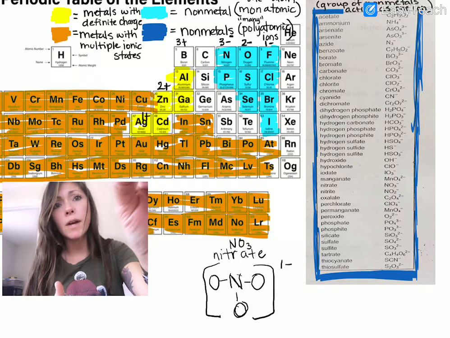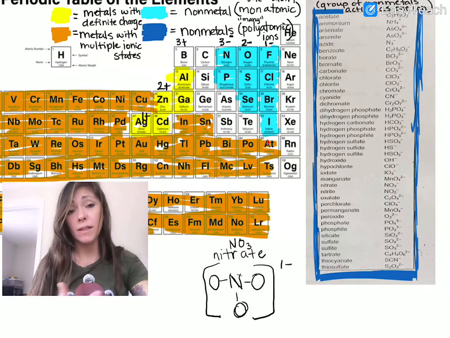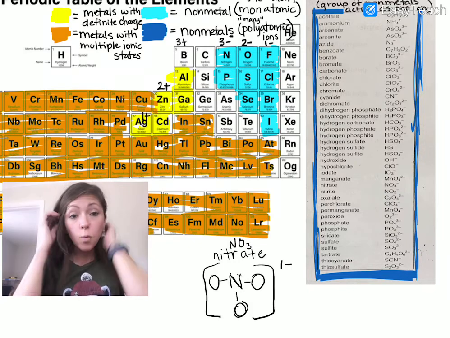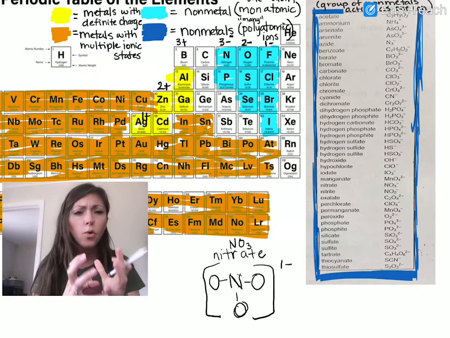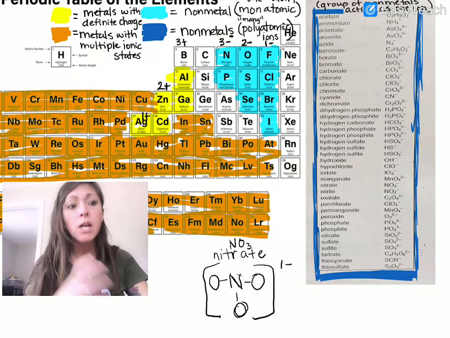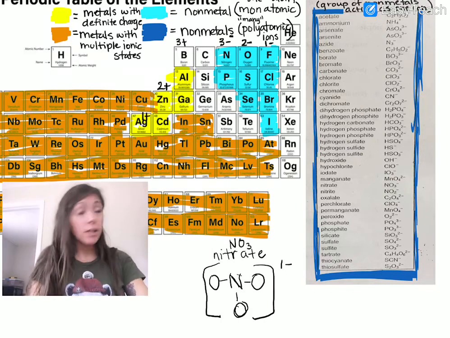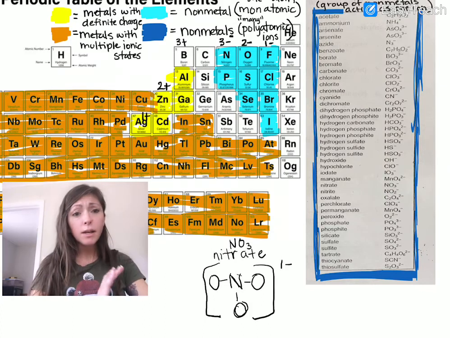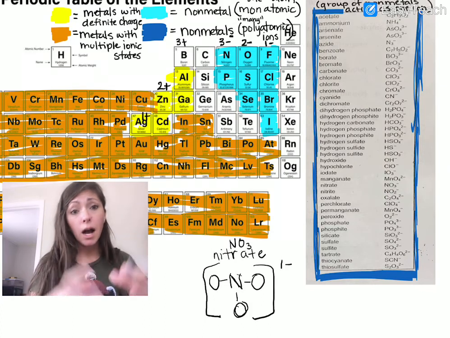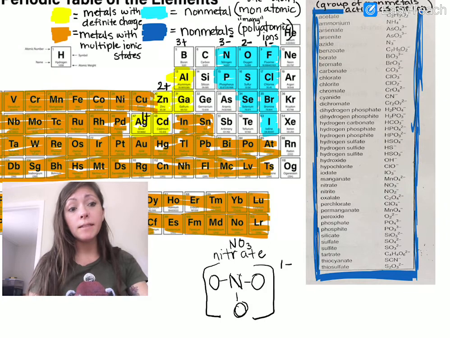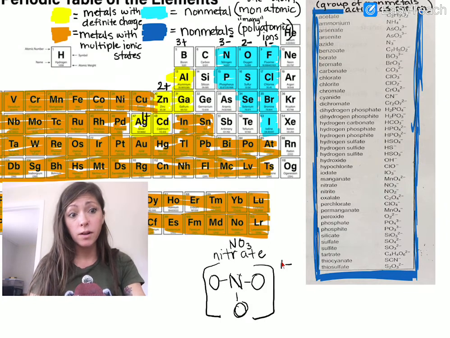So nitrate essentially acts like one of the halogens. It needs 1 more valence electron for that whole unit to be chemically stable. So that's how you're going to treat it, like it is just an individual ion, because that's what's happening. These are stuck together sharing electrons, and they just want another electron.